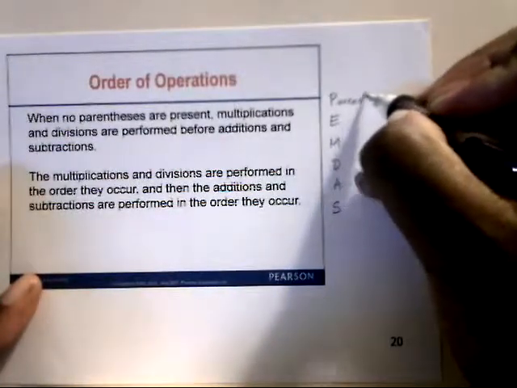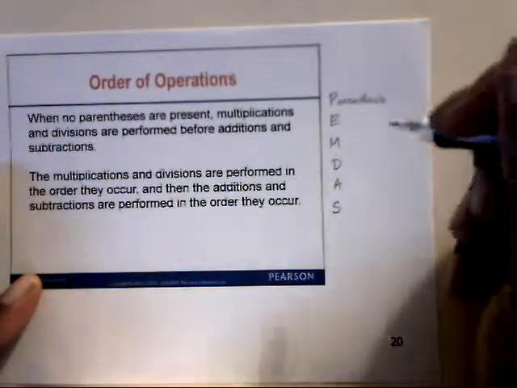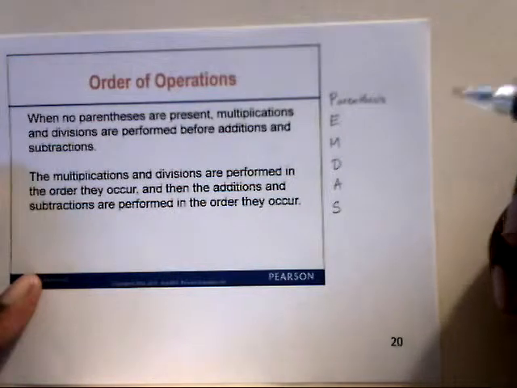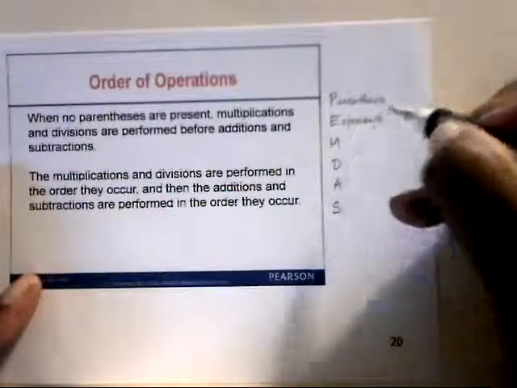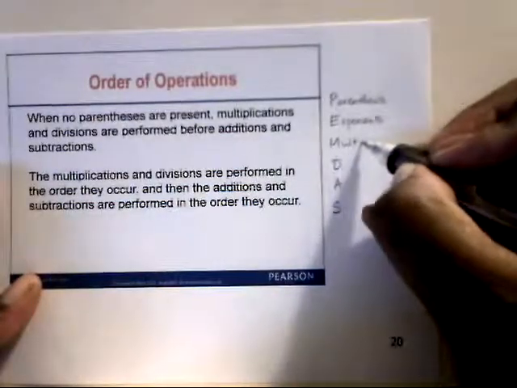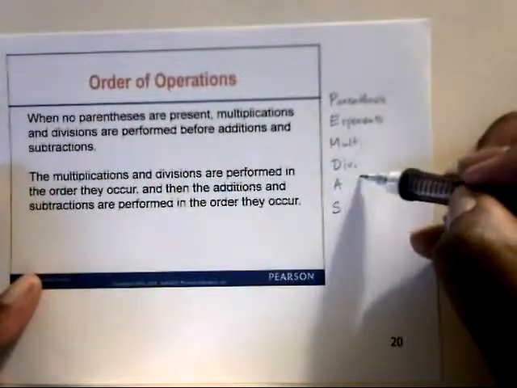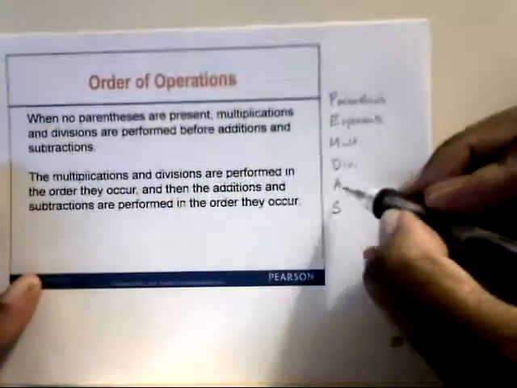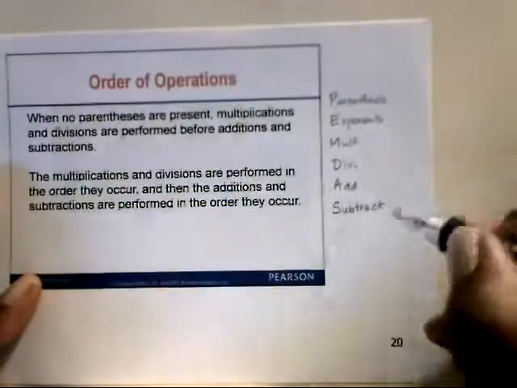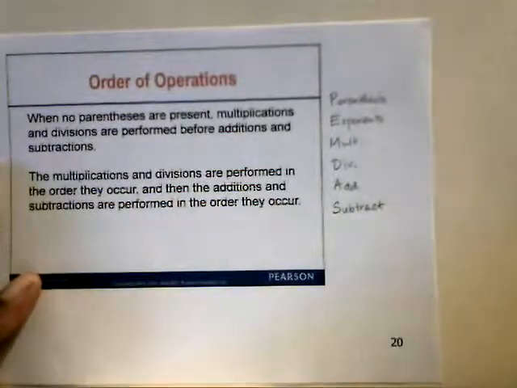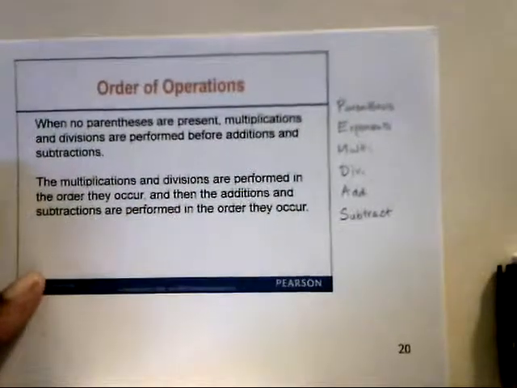The P is always your parentheses, which is your grouping symbol, any type of grouping symbols like brackets. The E is exponents or powers. Your M means multiplication. D is division. Keep in mind, multiplication and divisions are done in order from left to right. Addition for the A, and then S is subtraction. Add and subtract in order from left to right. Okay, that's the order of operations here.